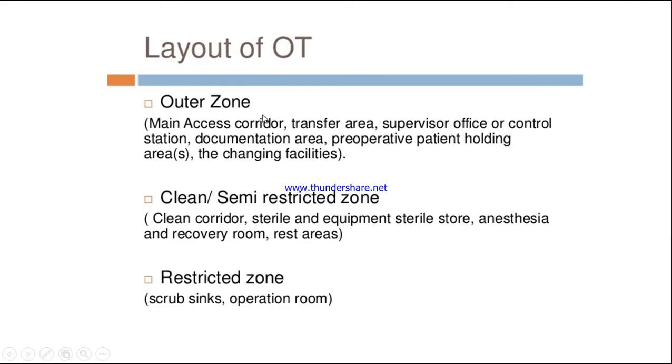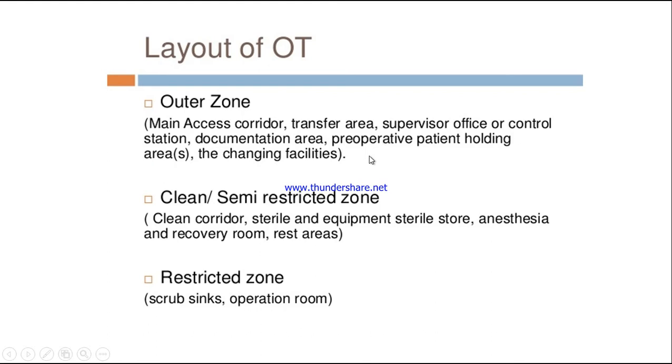I have also taught you that OT has three zones: the outer zone, the clean or semi-restricted zone, and the restricted zone. In the outer zone there is the main access, the corridor, and the transfer area, where patients are transferred from wards to OT or from OT to wards. Then there is a supervisor office or control station, a documentation area, and the pre-operative patient holding area.